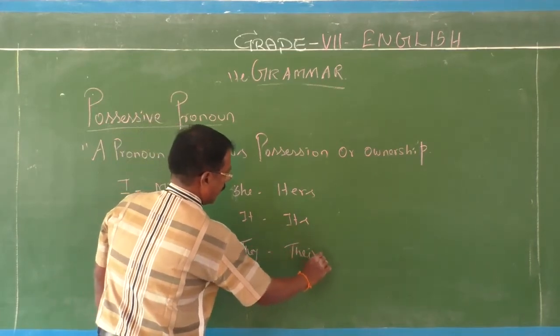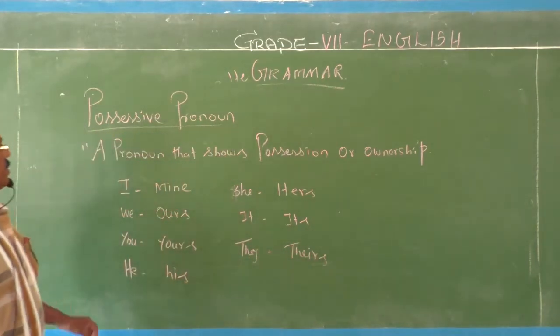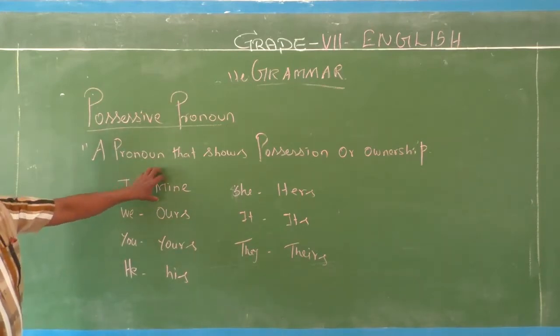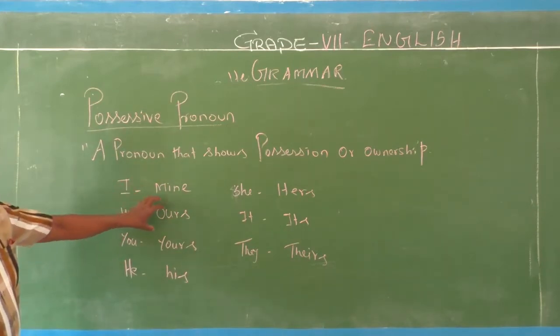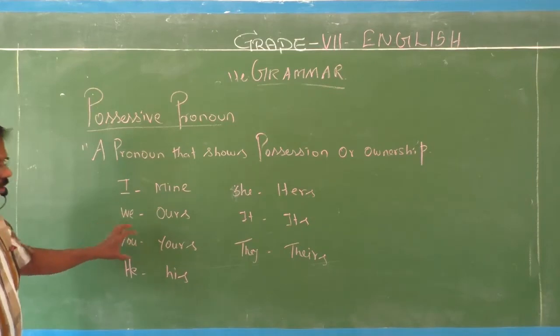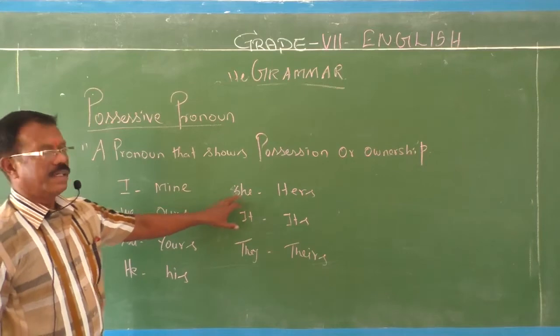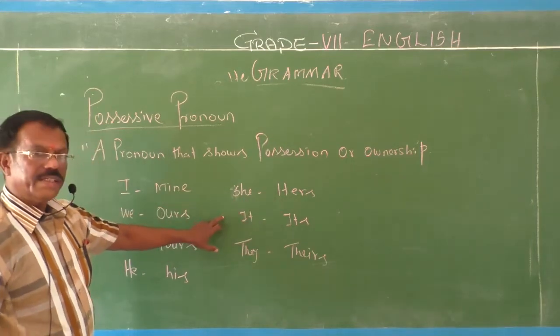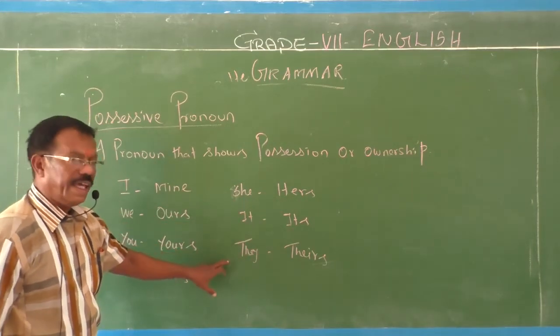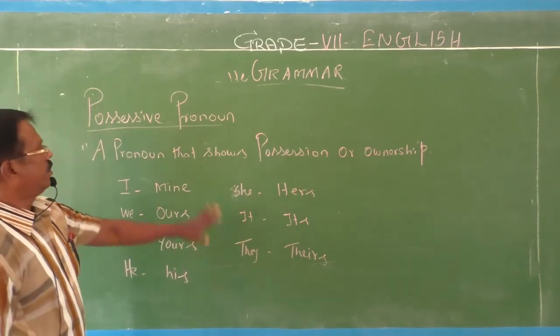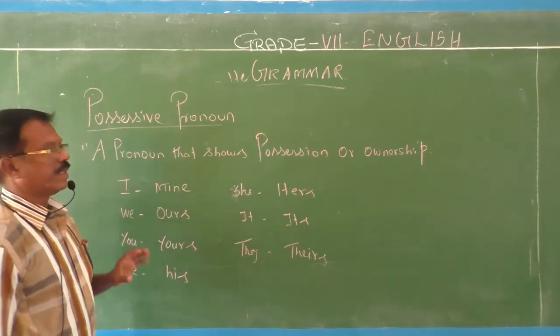They, theirs. Okay. See, I, mine. We, ours. You, yours. He, his. She, hers. It, its. They, theirs. So they are called a possessive pronoun.